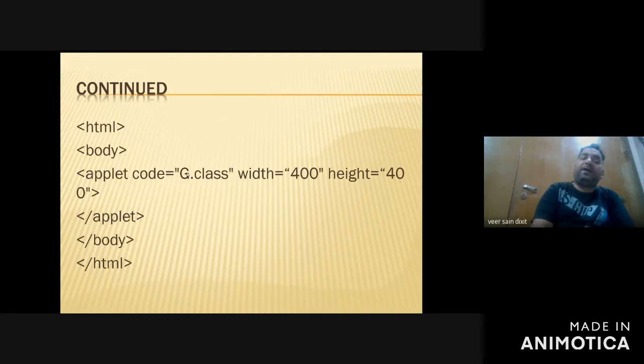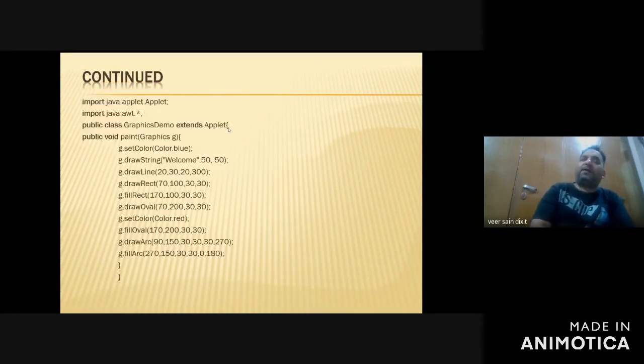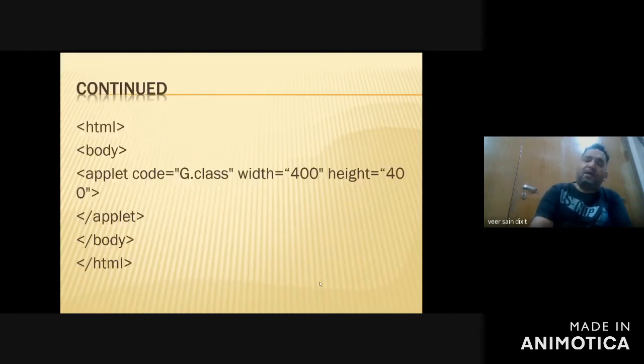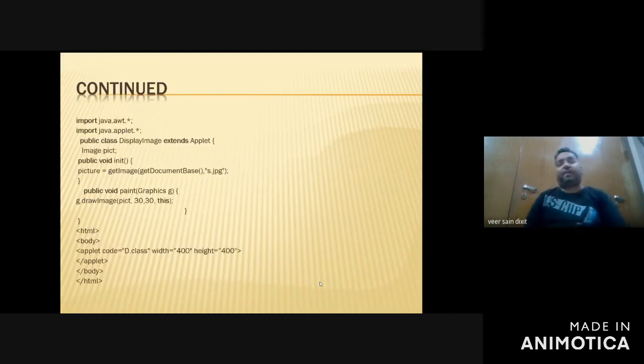The file name will be graphicsdemo.html. Whenever you execute it from the command prompt, appletviewer graphicsdemo.html, your applet will be executed, which will have the message, the line, the rectangle, the oval, different shapes, arc, all these things. In this way, you can write your applet programs.